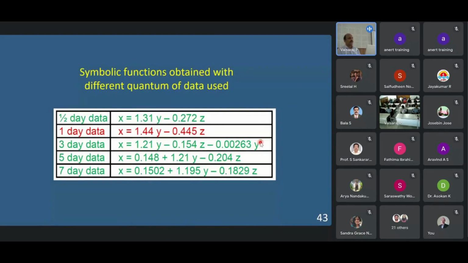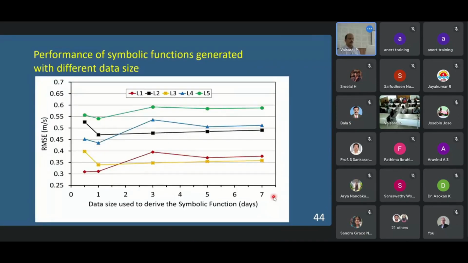Now, I took 1 day of data for deriving the symbolic function. I also tried half day, 3-day data, 5-day data, and 7-day data. This is the one we use for the L1 case. Now, this is how the data size affects the performance.